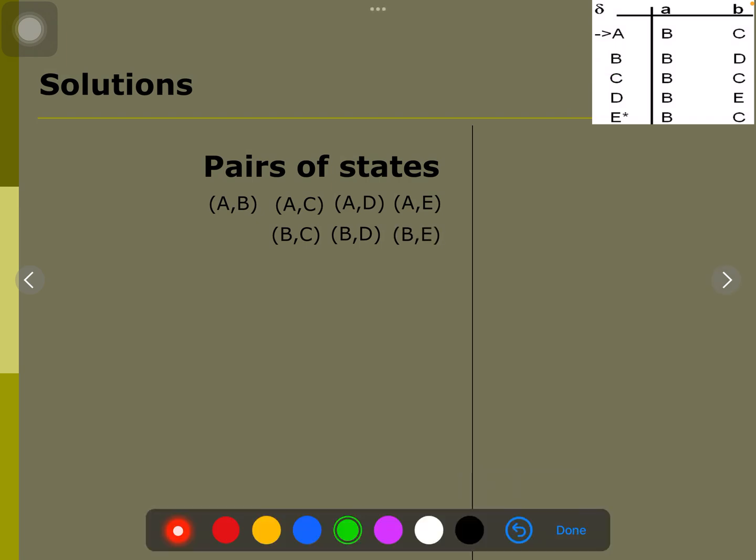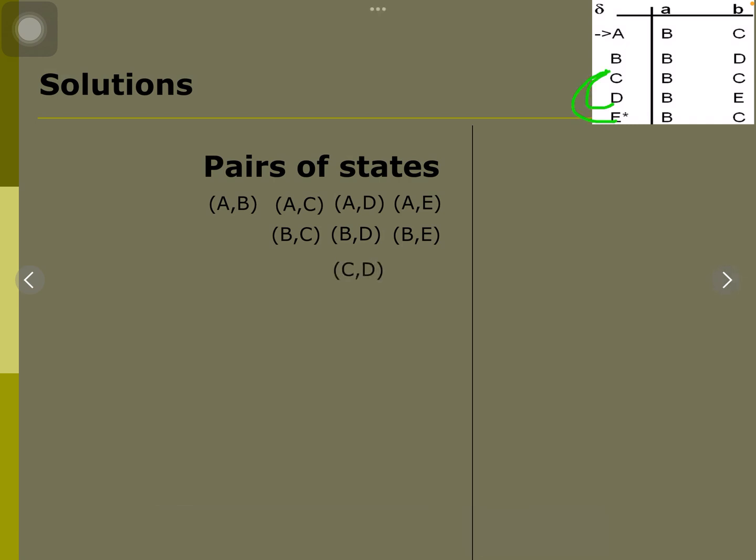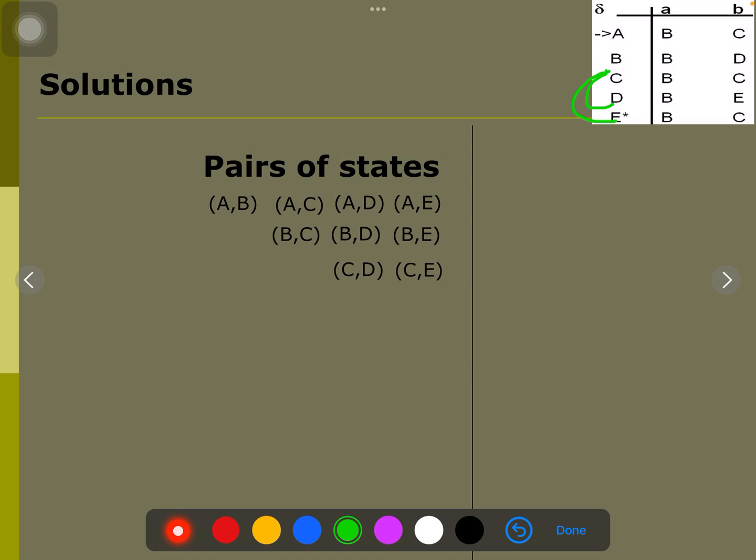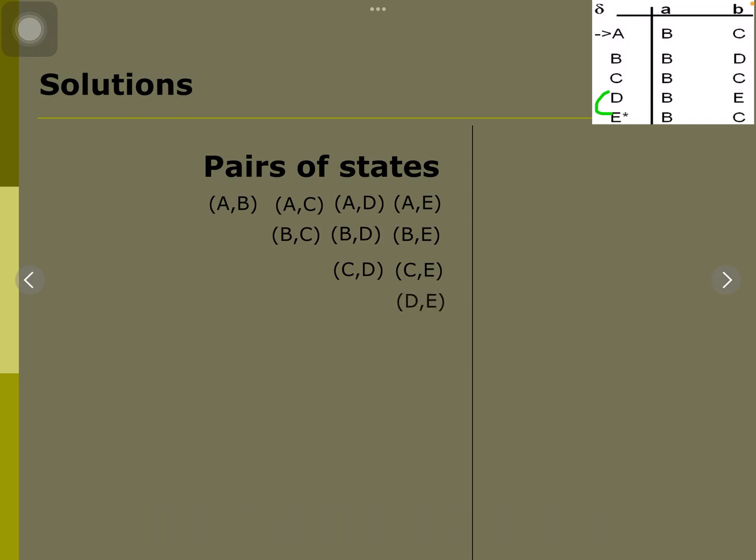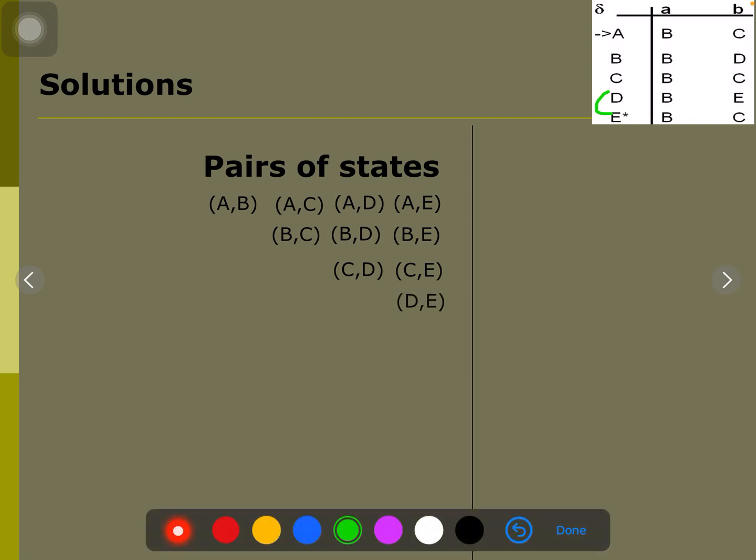Still you can make the pairs CD, CE. One more pair you can make: DE. So the pairs are ready now. We have made all the pairs, and correspondingly you have to prepare the table. How to prepare the table?